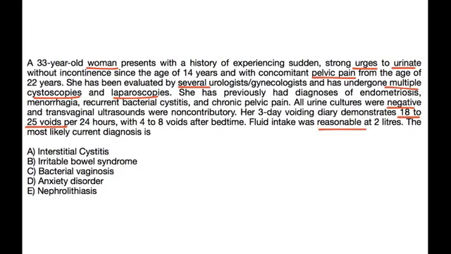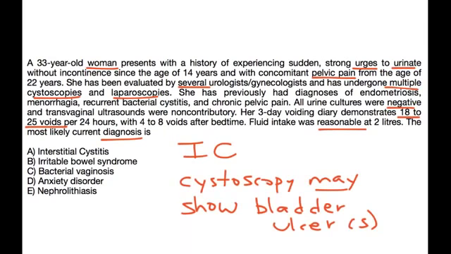The most likely current diagnosis is interstitial cystitis. Unfortunately, it is a very difficult diagnosis because when you do the cystoscopy, it may show bladder ulcers. So this patient most likely had a lot of these tests done, including the cystoscopies, and they didn't show an ulcer. So if you look at it, she's 33 now, so for almost 2 decades she's had ongoing symptomatology with no actual diagnosis.